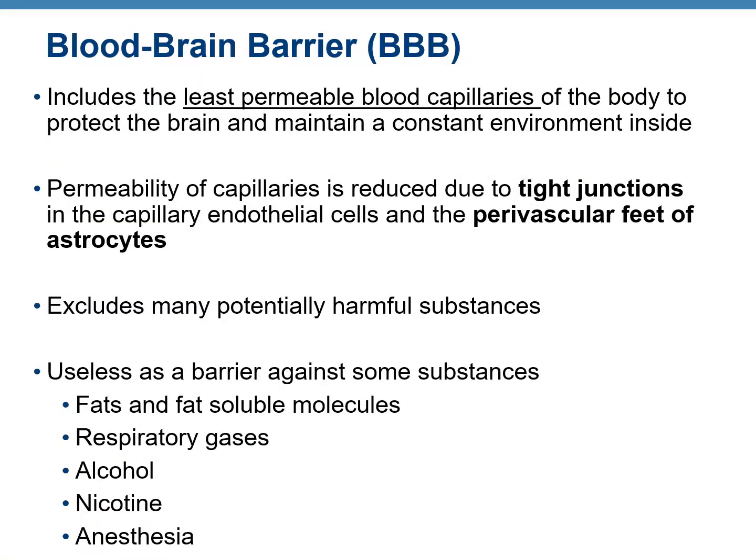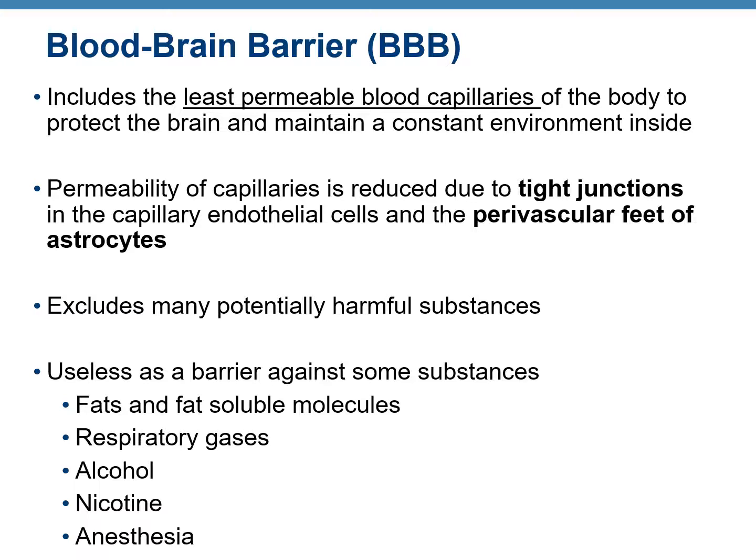The blood-brain barrier includes the least permeable blood capillaries present in the body, and this protects the brain and maintains a constant environment inside. How are these blood capillaries so impermeable? The permeability is decreased due to the presence of tight junctions between the capillary endothelial cells and also the perivascular feet of the astrocytes that cling to the blood capillaries.